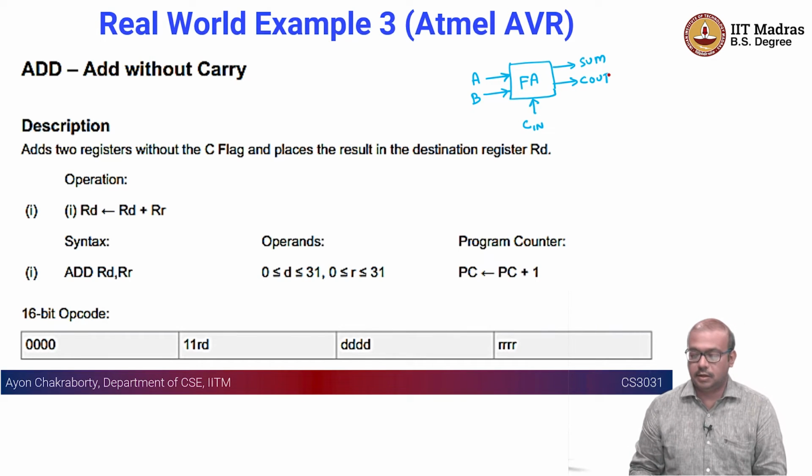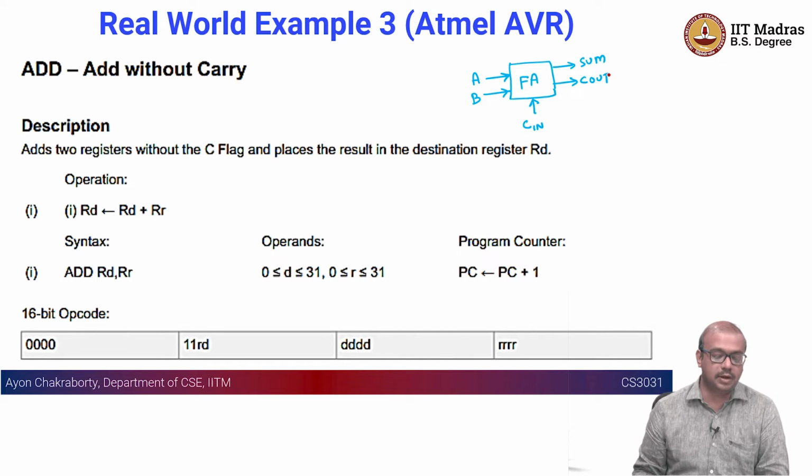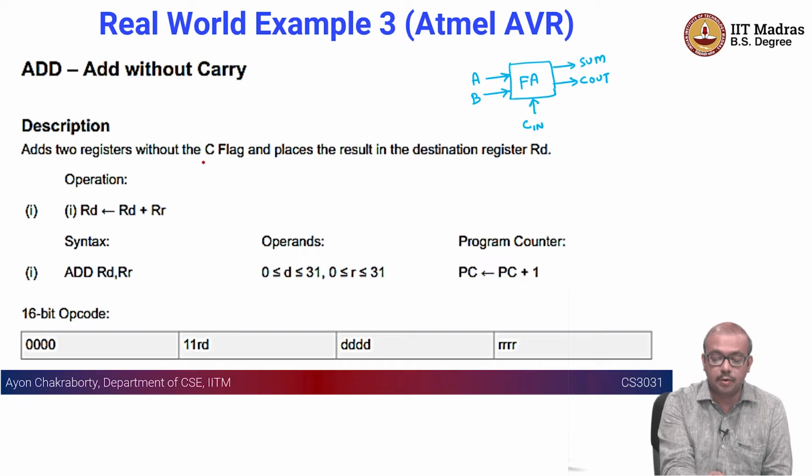Okay, so a full adder does this, and this is a 1-bit full adder, but you can always extend this to have an 8-bit full adder, because in this particular case we are going to always add 8-bit numbers, right? Both in case of the AVR architecture as well as the simple one that we are going to study, the Gajendra 1 architecture, the adders are going to be 8 bits. Okay, so it adds two registers without the C flag.